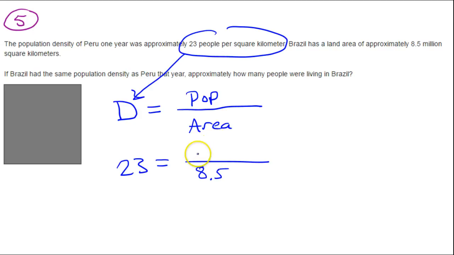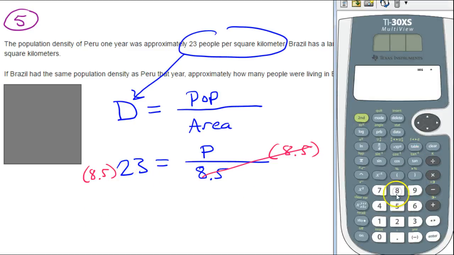So we're looking for the population, which I will just call P. So it's just a matter of solving this formula and not forgetting that we're talking about millions. So all I have to do is multiply both sides by 8.5, and that should get population by itself. So 8.5 times 23 is 195.5.